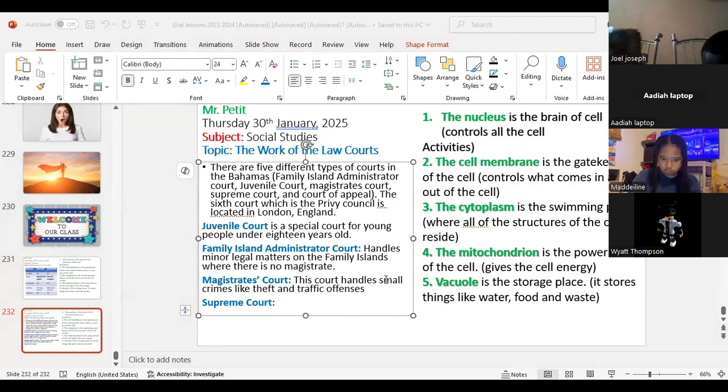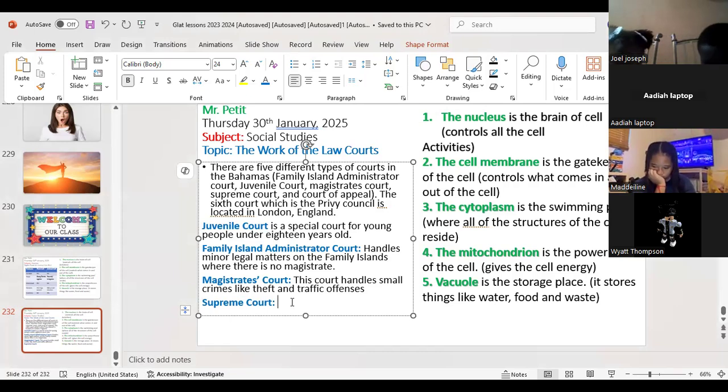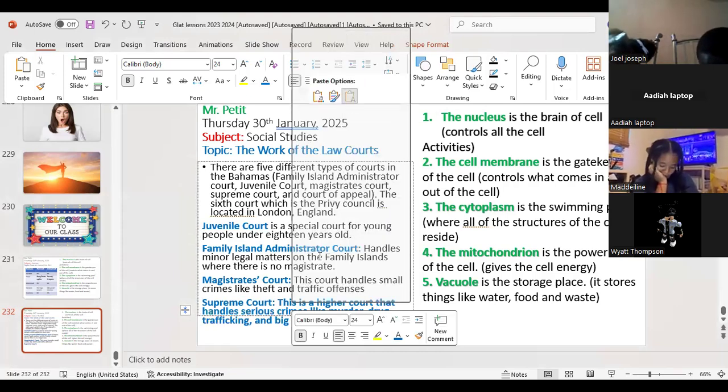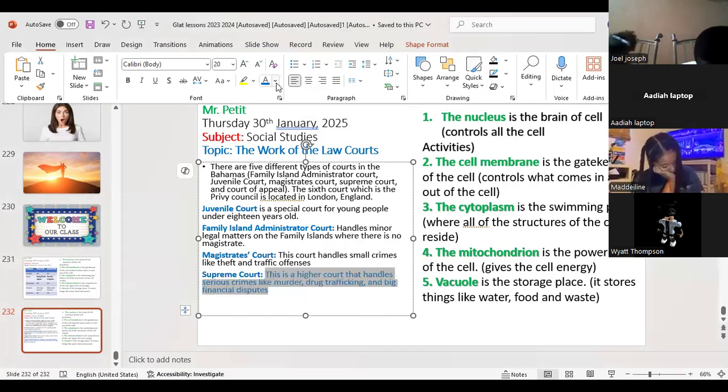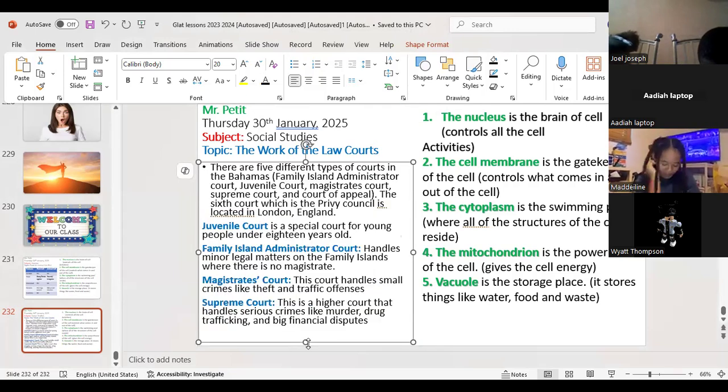Smuggling things from the Bahamas to America, yeah, smuggling things, right? So the Supreme Court is a higher court that handles serious crimes, murder, drug trafficking, and big financial disputes.